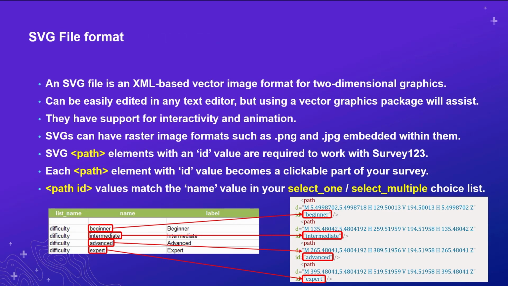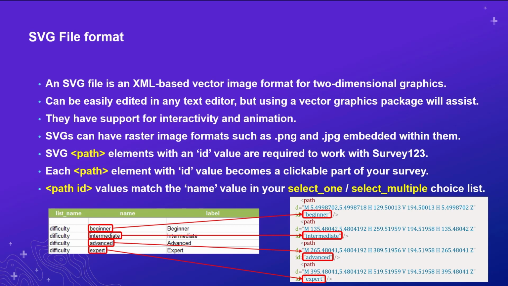Here is some basic information on the SVG file format from a Survey123 perspective. SVGs are an XML-based vector image format that support interactivity and animation. The file contents can be viewed and edited in any text editor, but using a vector graphics package such as Adobe Illustrator or Inkscape will definitely be beneficial.